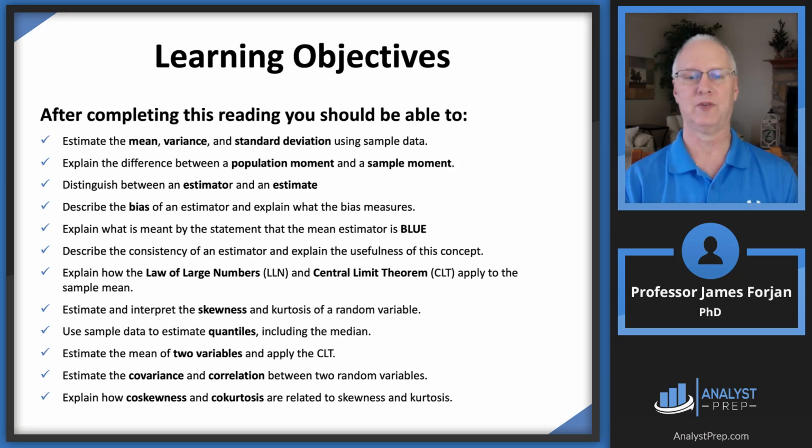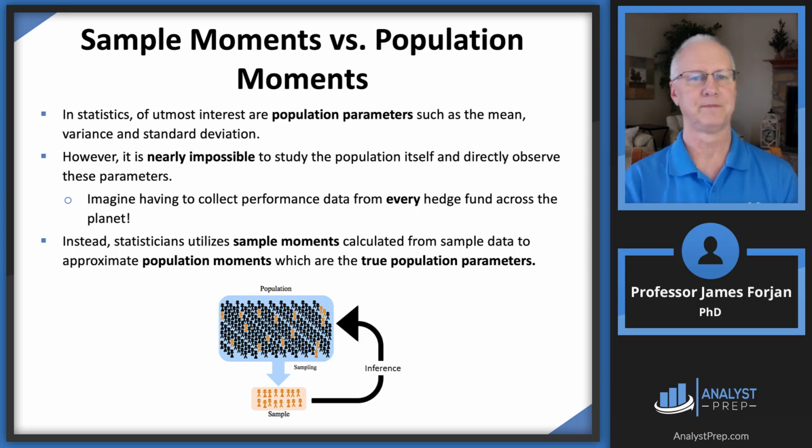Then we'll talk about the central limit theorem. And then we'll get to the third and the fourth moments of the distribution, which are skewness and kurtosis. And then we'll end with covariance, correlation, co-skewness, and cokurtosis. So this ought to be a fun slide deck.